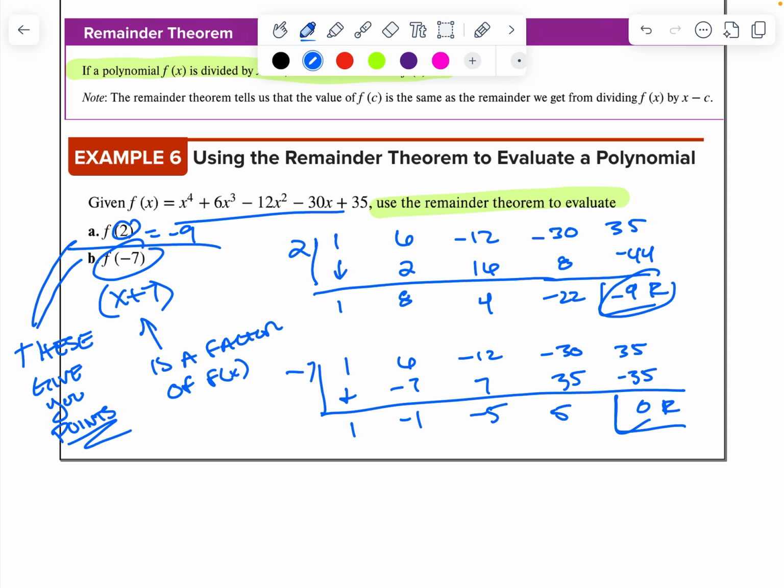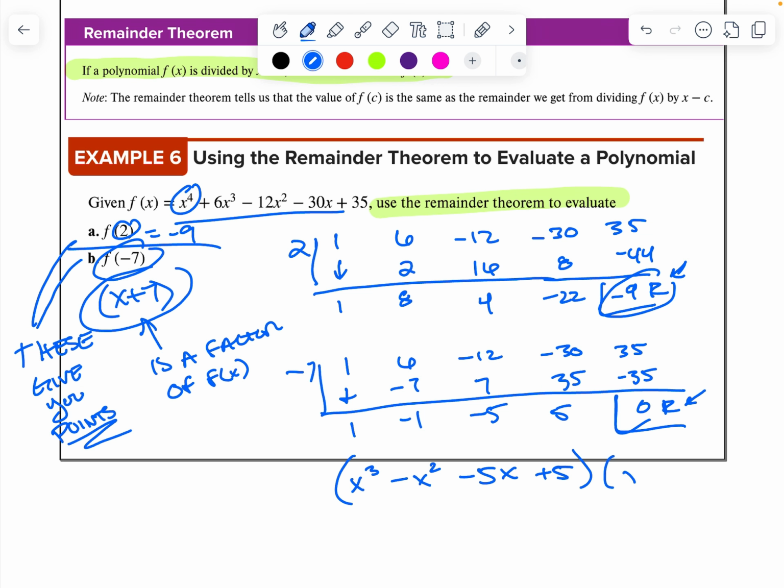So the remainder theorem says that whenever we do synthetic division, whatever this number is, the remainder, f of x is equal to that. So when I did f of -7 and got 0, that means that x plus 7 is a factor. My quotient would be written as, remember we started with a degree of 4, so this would be x to the third minus x squared minus 5x plus 5.